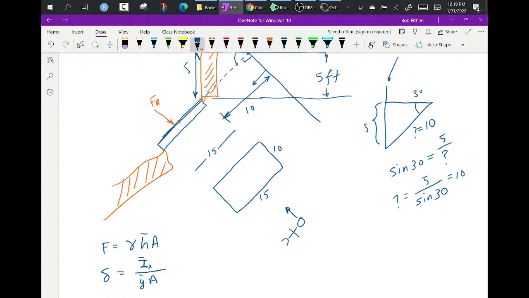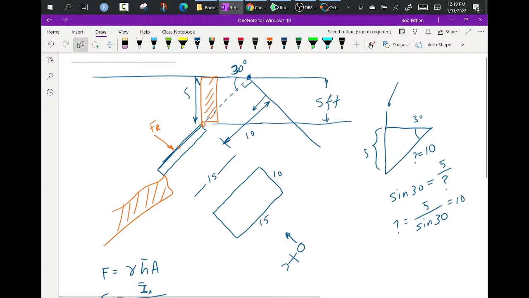Those are the only two equations you need. So, let's see what we can do. Okay, so I know that the centroid of this thing is 7.5 down this thing.